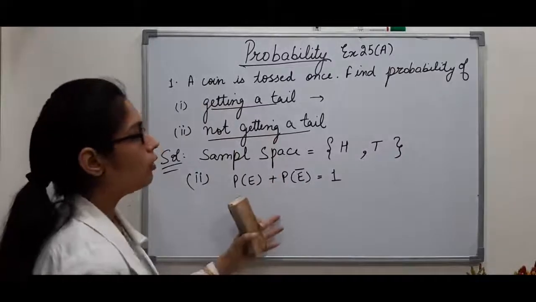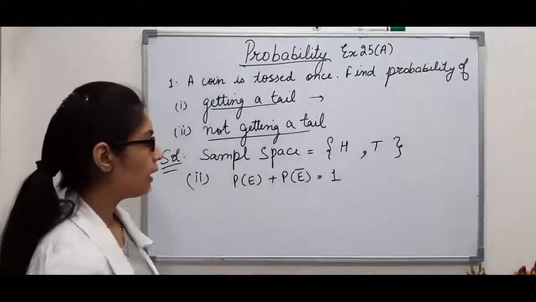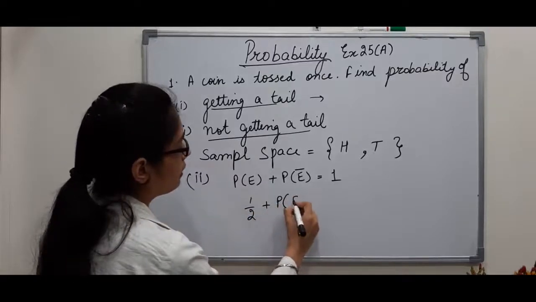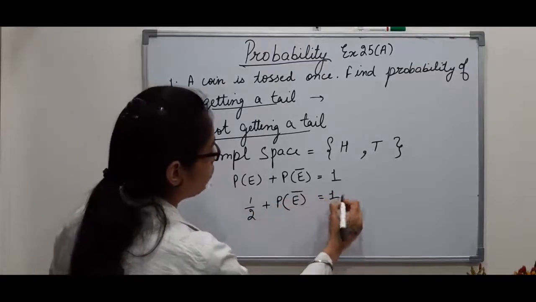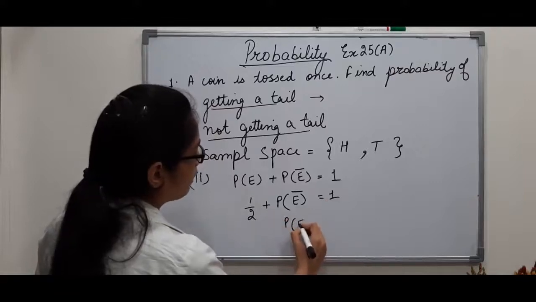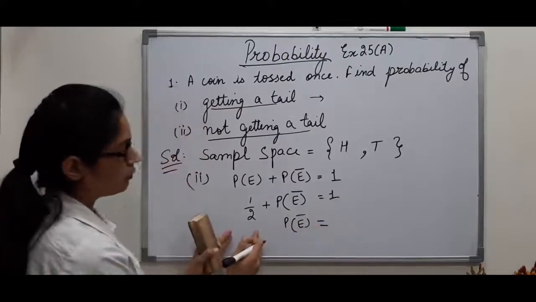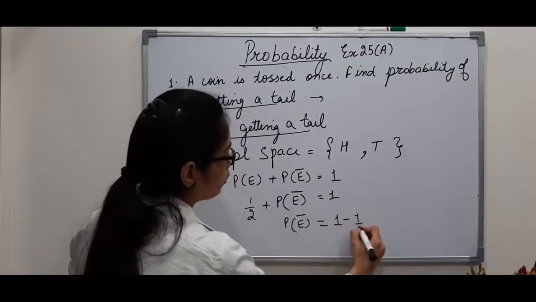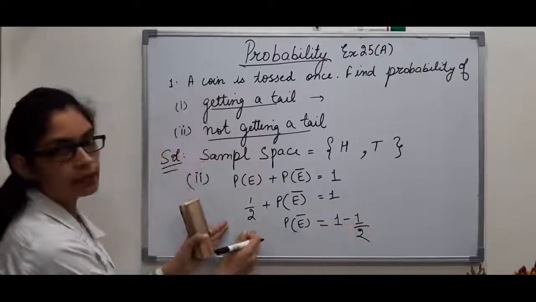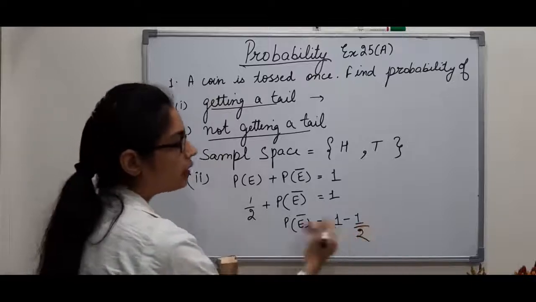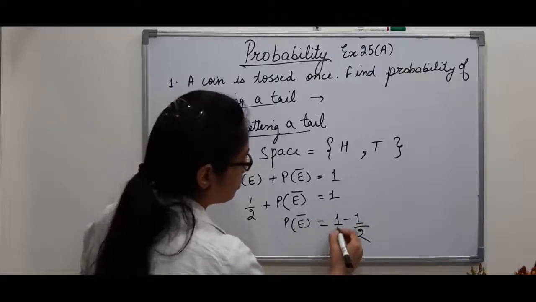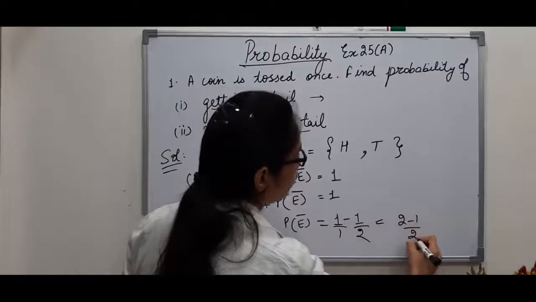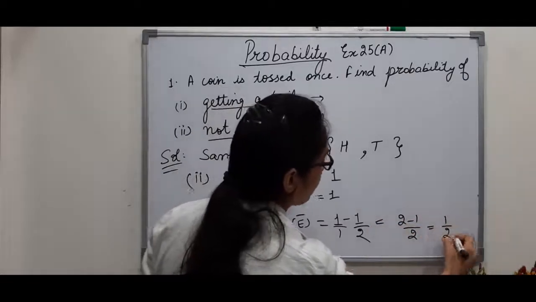So now I know this because these two are complementary events. The probability of getting a tail, which I just calculated, is 1 by 2. The probability of not getting a tail, P(E bar), is equal to 1 minus 1 by 2, because 1 by 2 is getting added on this side; on changing the side, it gets subtracted. One simple calculation: 2 minus 1 by 2, again it will be 1 by 2.